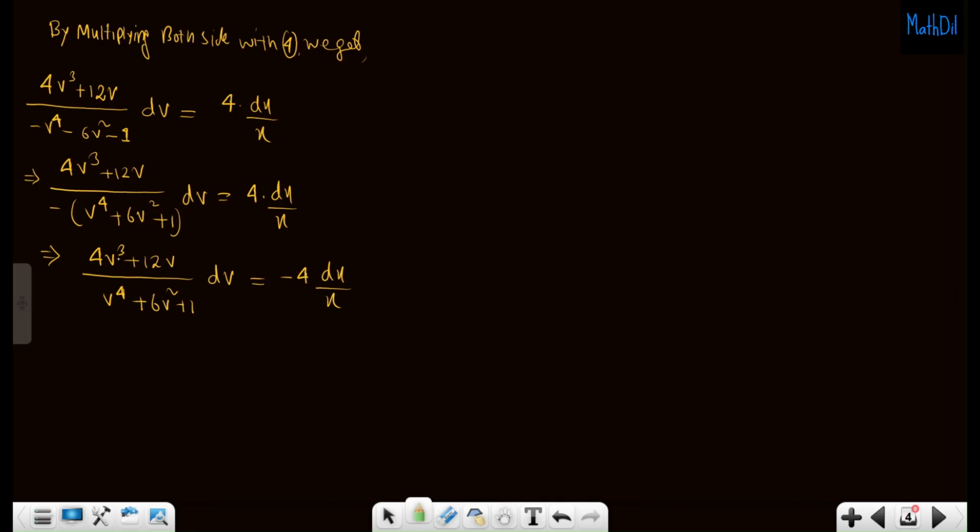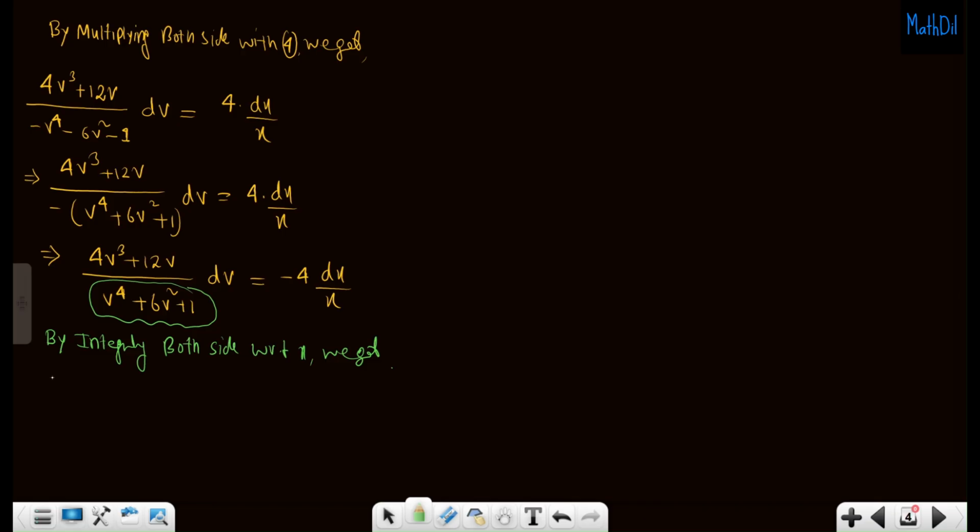Students, see, this is nothing but just the derivative of this term, right? So yes, we get the integration. So write, by integrating both sides with respect to x, we get, what will you get?